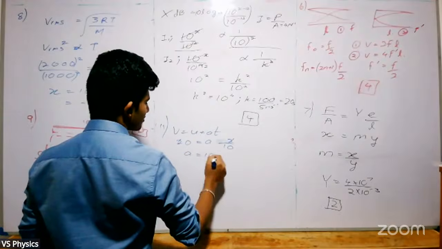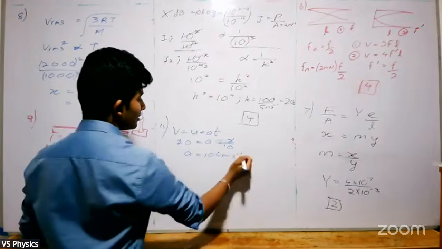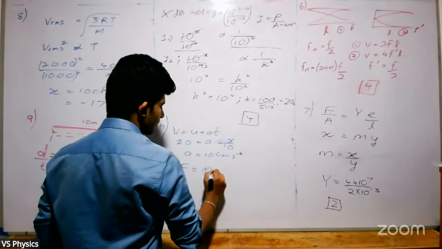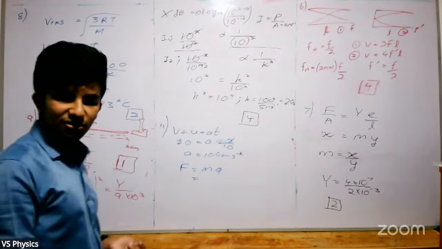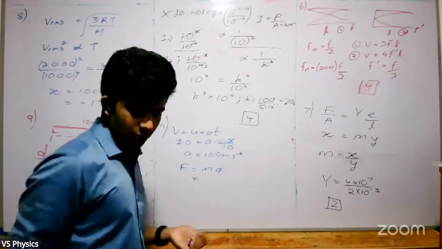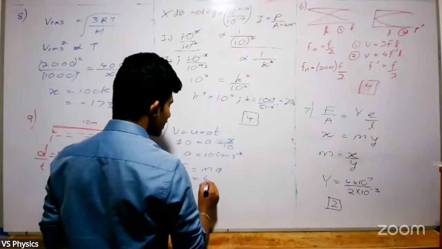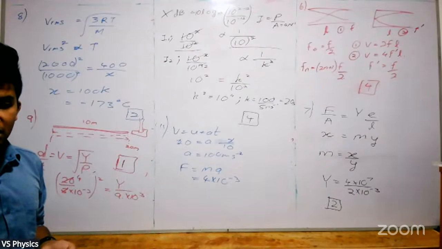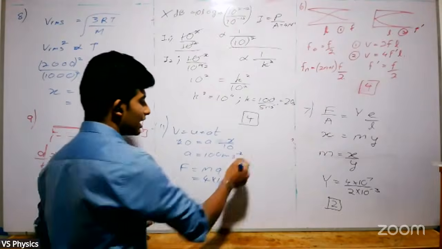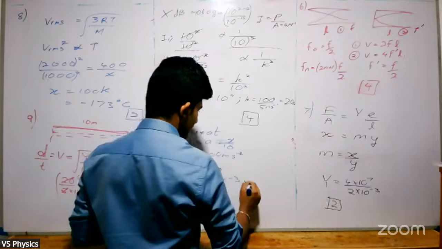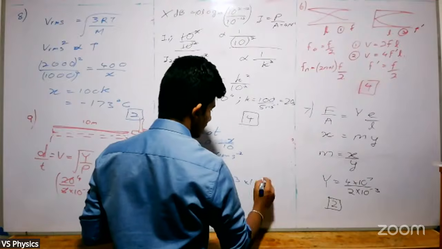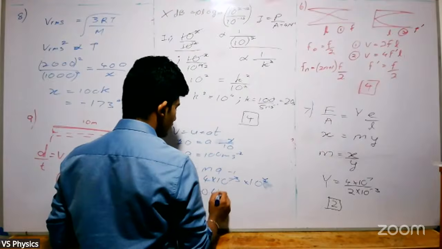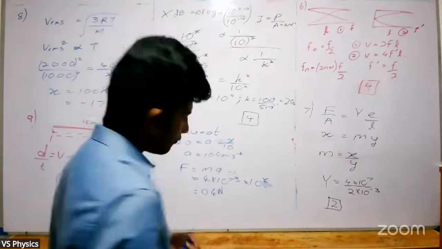You will get acceleration equal to 100 meters per second squared. Then you write F equals ma. Mass is 4 grams, so 4 times 10 to the power minus 3 kilograms, since Newton is kilograms meters per second squared, times 100. These cancel and we get 0.4 newtons. That is the answer.